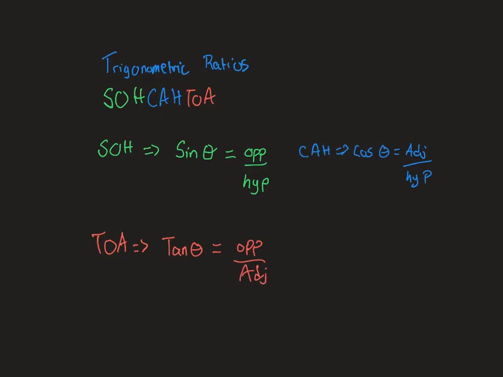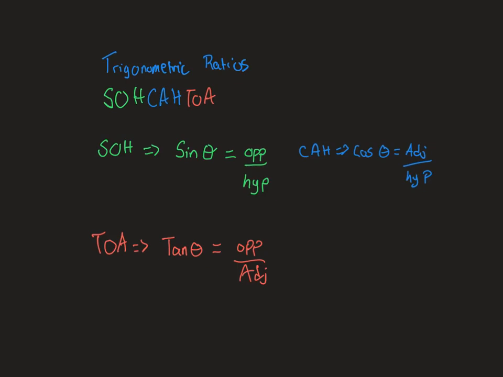Now, where you would use each one of these depends on the situation at hand. But before we look at that, let's also look at their inverse cases, or as we call them, the reciprocal ratios.